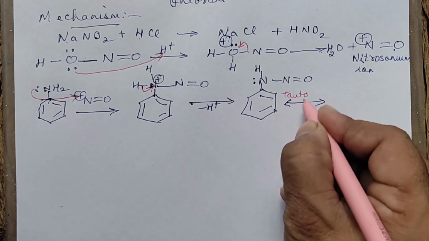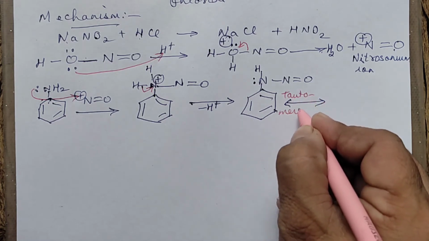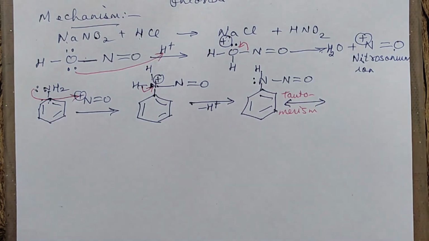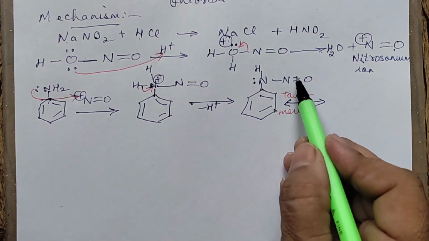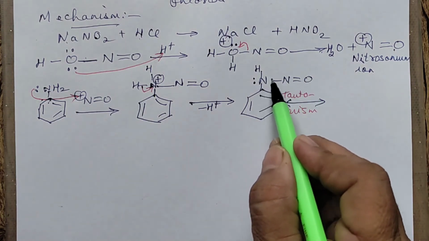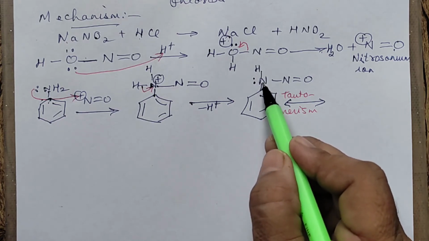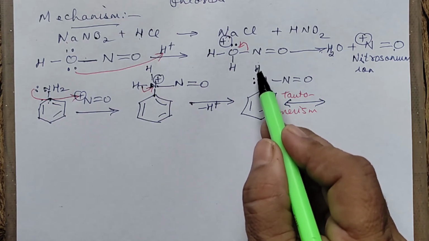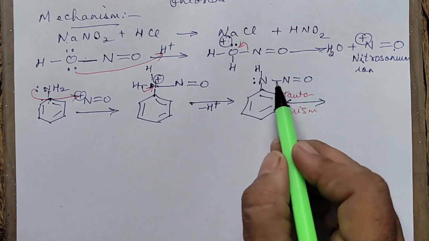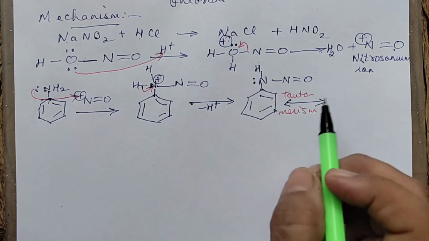There can be tautomerism. Now why is there tautomerism? You can just observe the structure. Whenever a double bond and this H on O or on a nitrogen atom are in alternation, then there can be tautomerism.